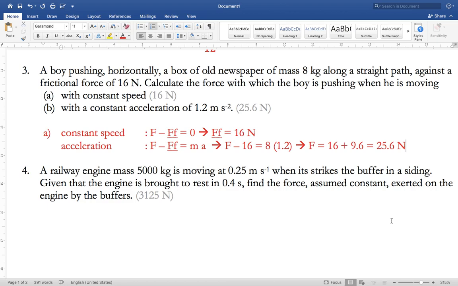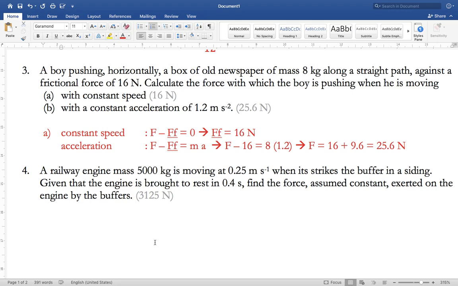Okay, we know about the acceleration. This is actually so easy. We only use the formula F equals m times a, where m is 5,000 kilograms.